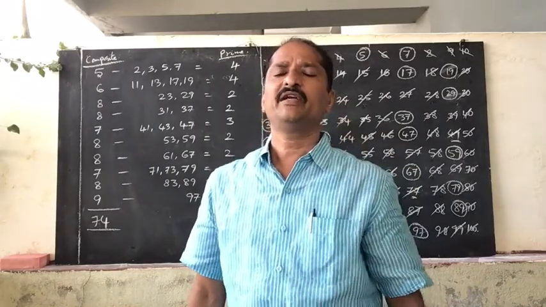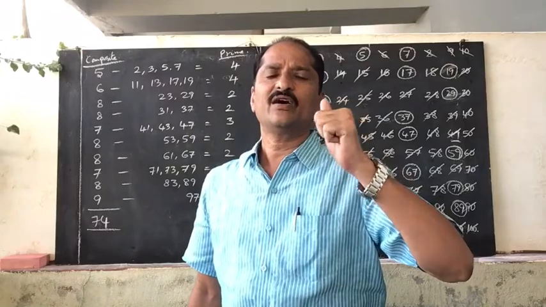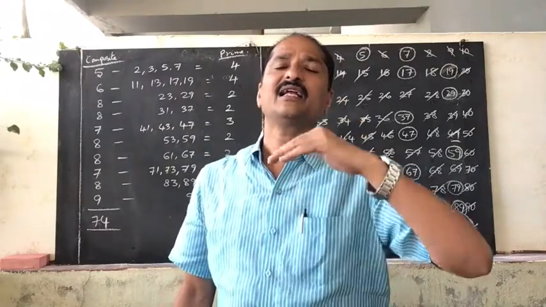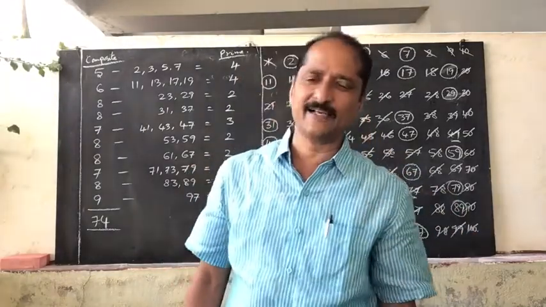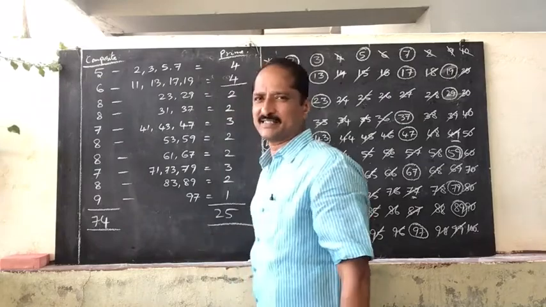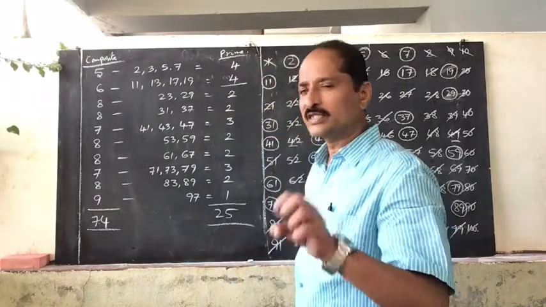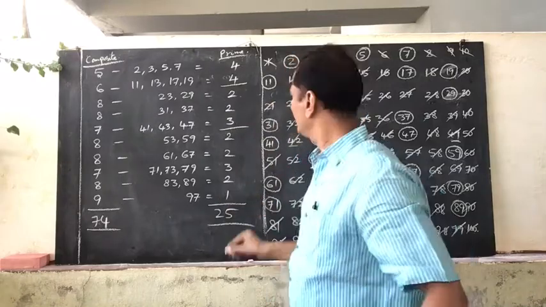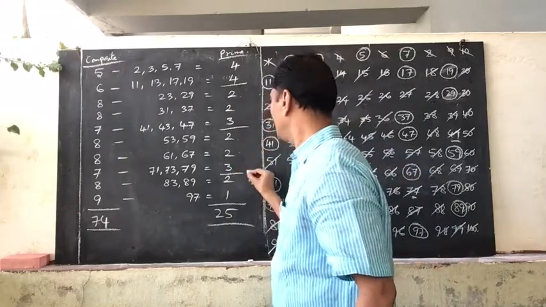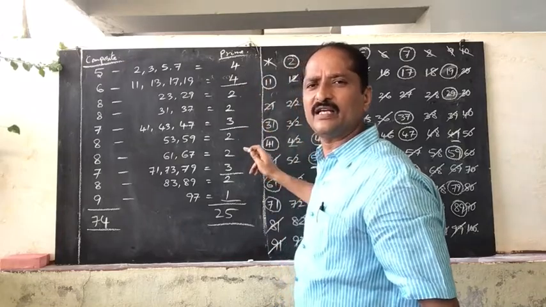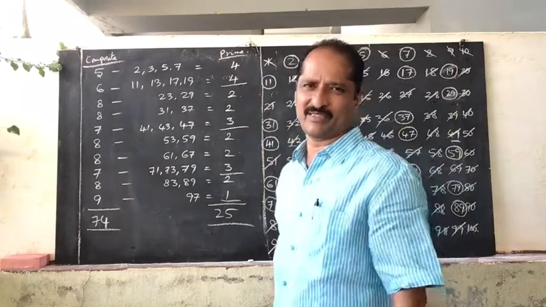Now, in between 1 to 100 we have totally 25 prime numbers. How to remember them? How should we remember them? 4, 4, 4, 4. The first step: 4, 4, 2, 2, 3, 2, 2, 3 again 2, 2, 3, 2, 2, 3 and 2, 1, 4, 4, 2, 2, 3, 2, 2, 3, 2, 1 like a cell number you have to remember this.